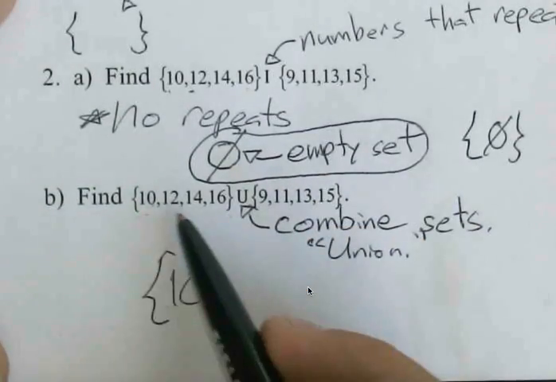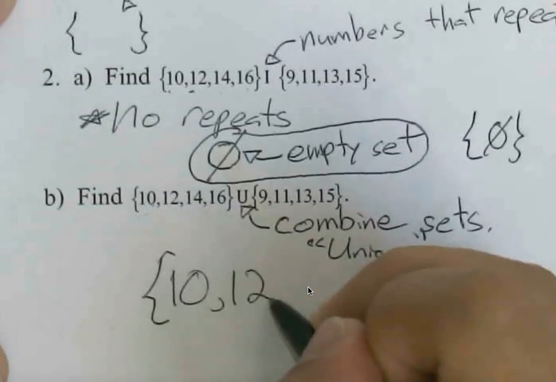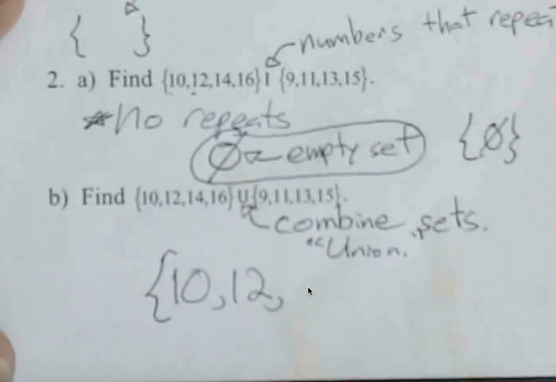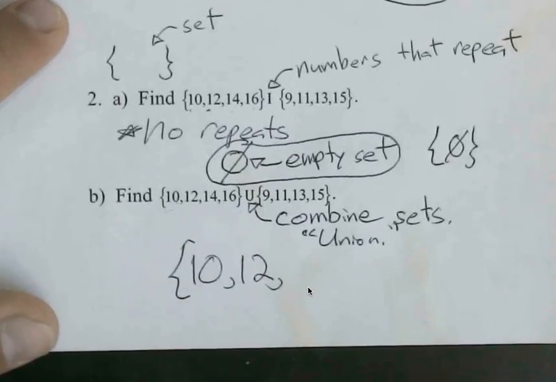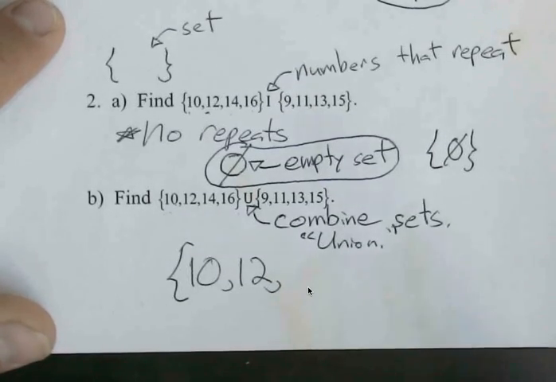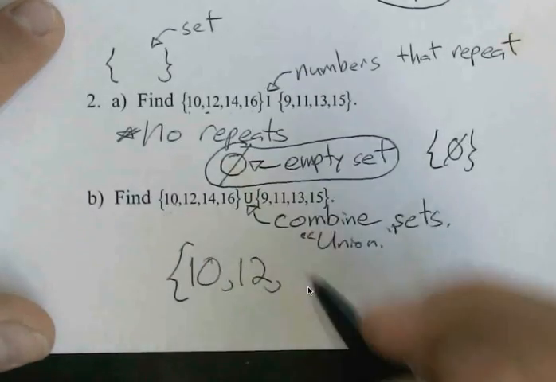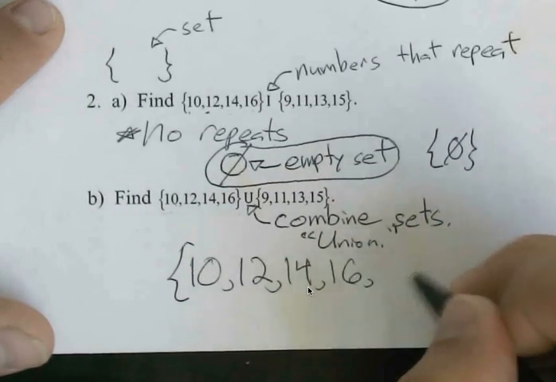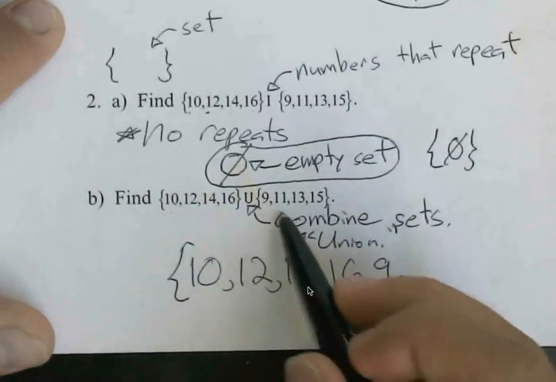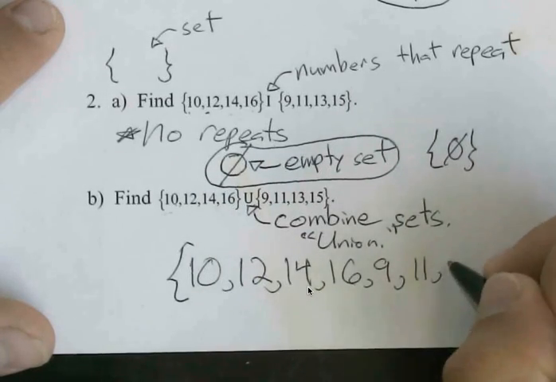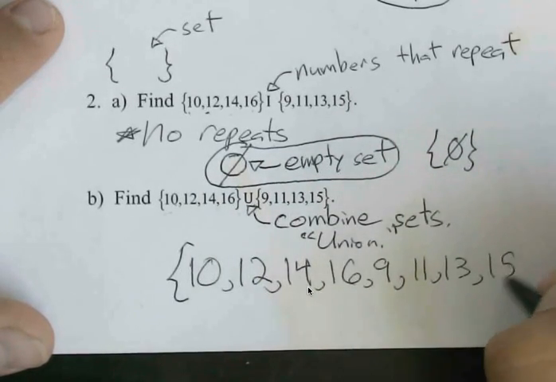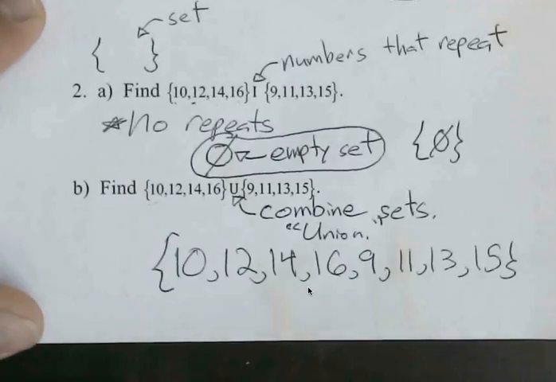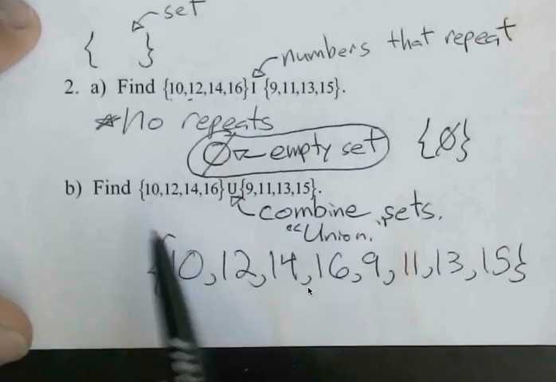We want to take 12, definitely. It doesn't have to be in increasing order or decreasing order. It can kind of be whatever you're up for. We have 14. We have 16. We have 9, 11, 13, 15. So this would be considered the union of these two sets.